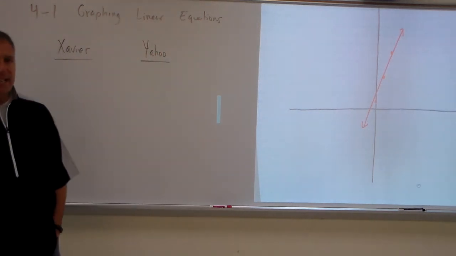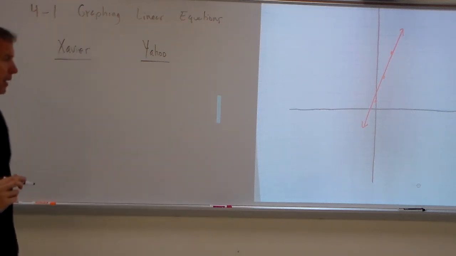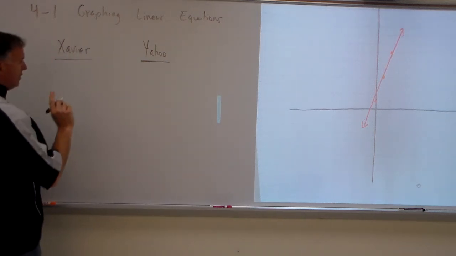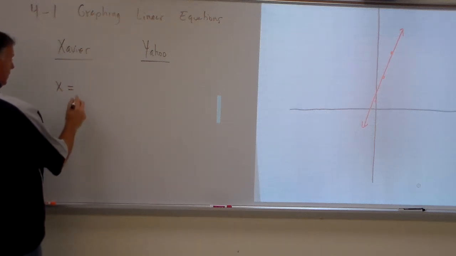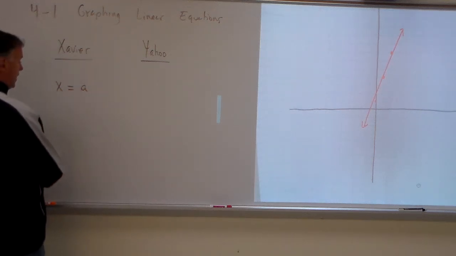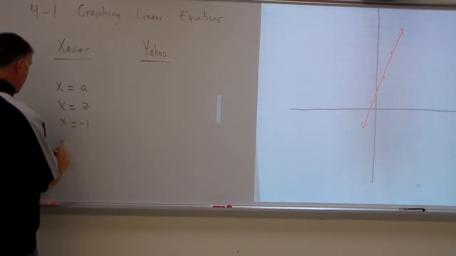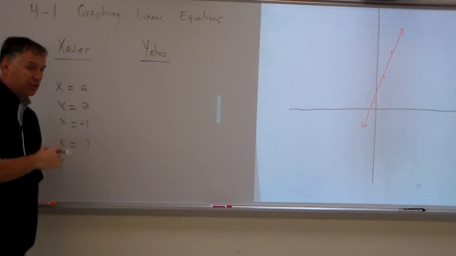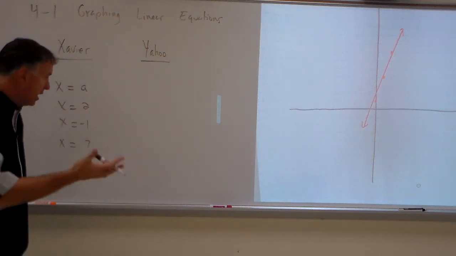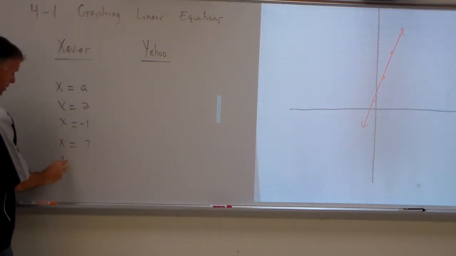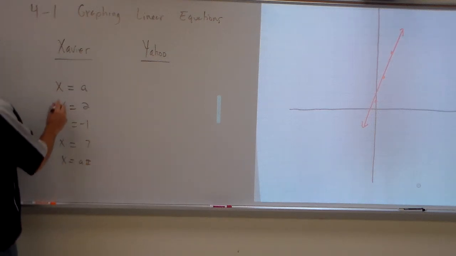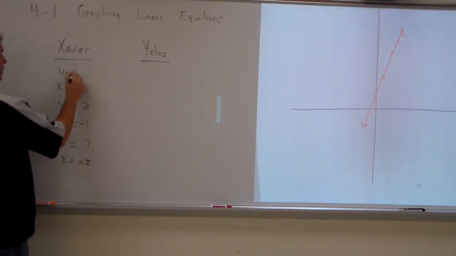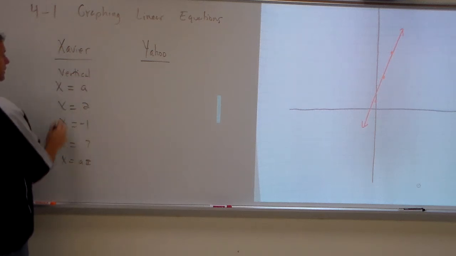Now the reason I use those words is because when you have an equation that says x equals a number, I'm going to say x equals a, or x equals 2, or x equals -1, or x equals 7, or x equals just a number. X equals a number. That means we are going to have a vertical line.